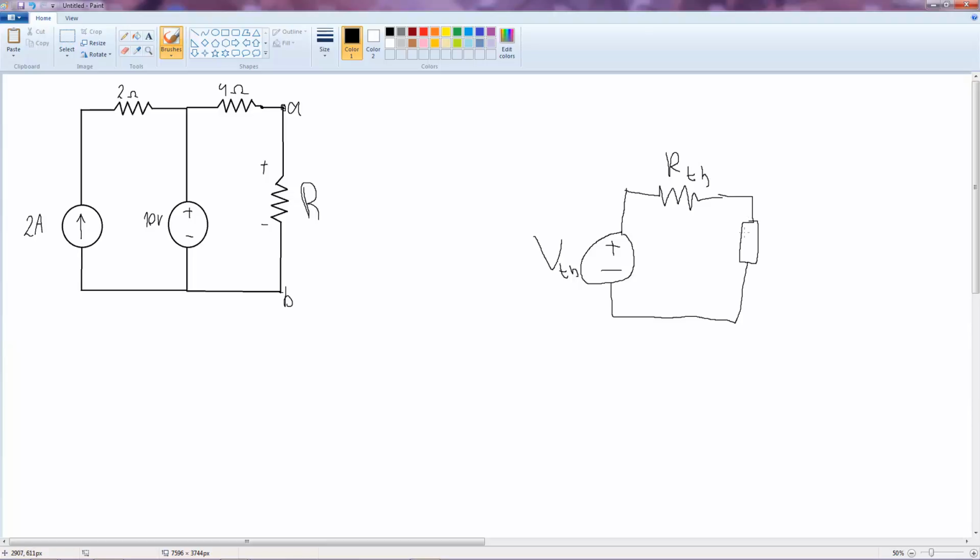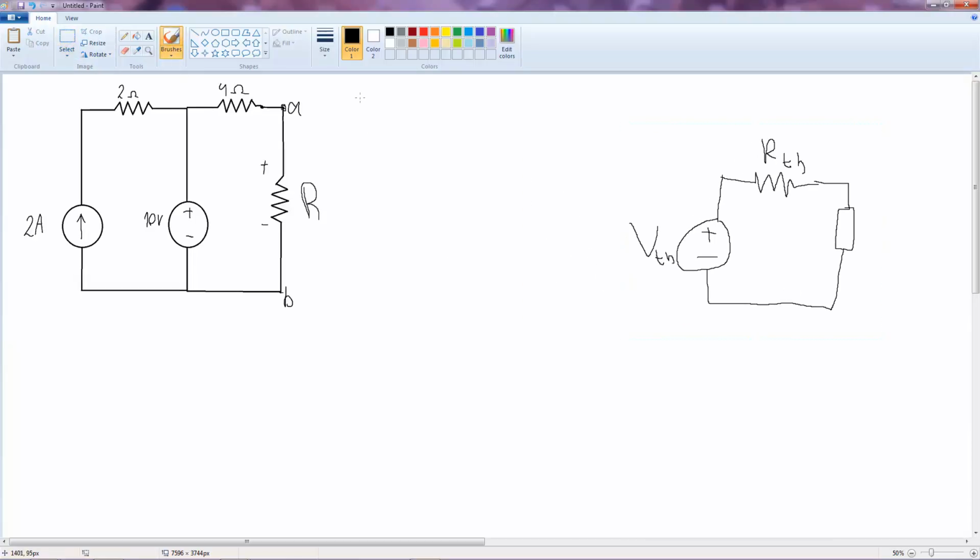What this means is that whatever ohms you put here, the current through here will be the same as the current through here if you put the same ohms here and the same ohms here. Now it may sound vague, but I'm going to solve for the Thevenin equivalent circuit, and then it will make good sense.